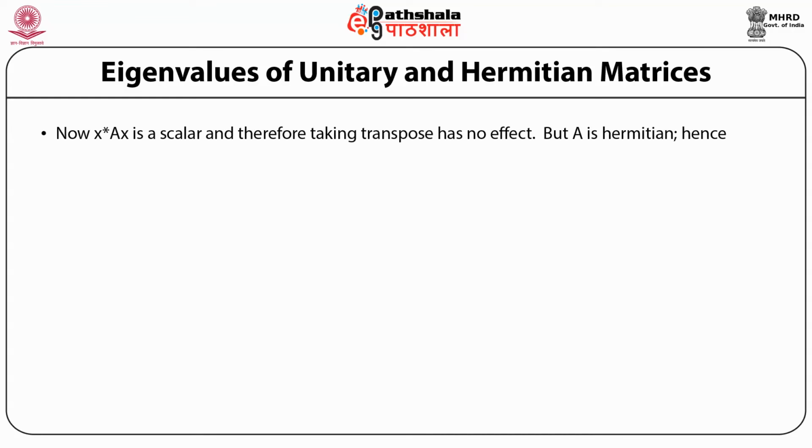Now, x star times Ax is a scalar and therefore taking transpose has no effect. But A is Hermitian, hence A star is equal to A, which implies A transpose is equal to the complex conjugate of A. This implies x star into Ax is equal to the transpose of x star Ax, which equals x transpose into A transpose into x star transpose.